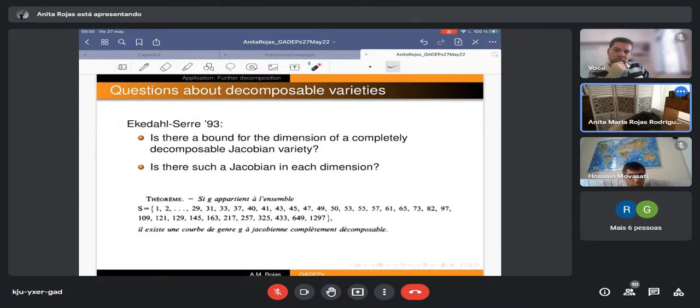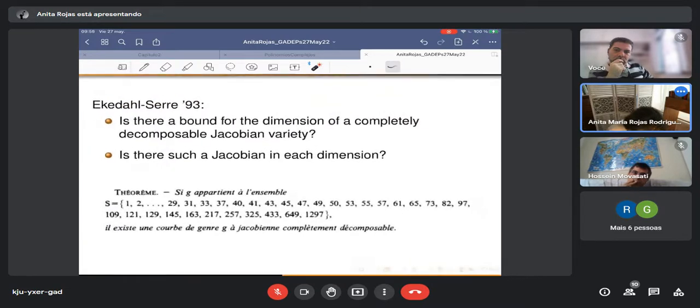And in the same work, they show this theorem, and you see there are some gaps there. For instance, for dimension 30 it was unknown if there was a Jacobian variety which is a product of elliptic curves. These are now known as the Ekedahl-Serre gaps.